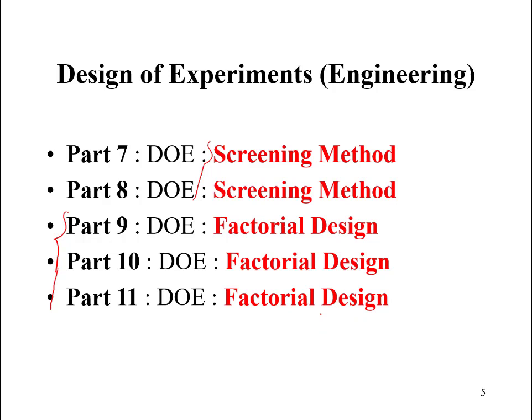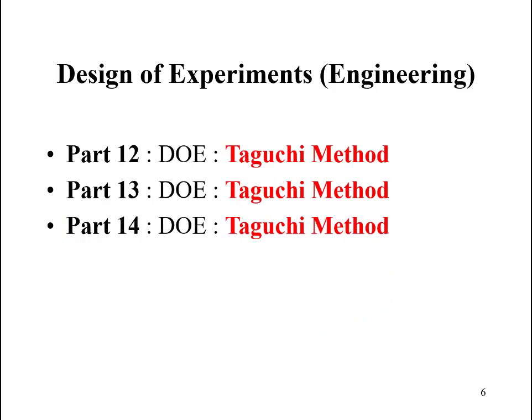Later you will see what this type of design is. In part 12 until part 14 we will talk about Taguchi method, which is another method for design of experiment which can be used also to optimize different processes or systems.